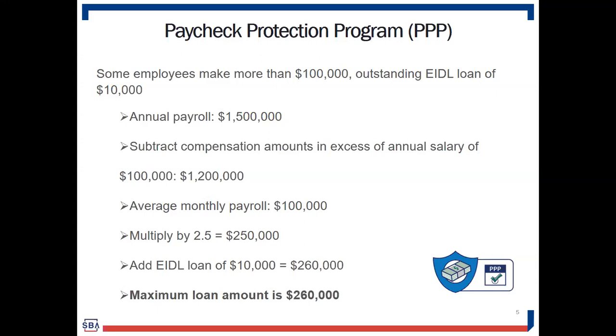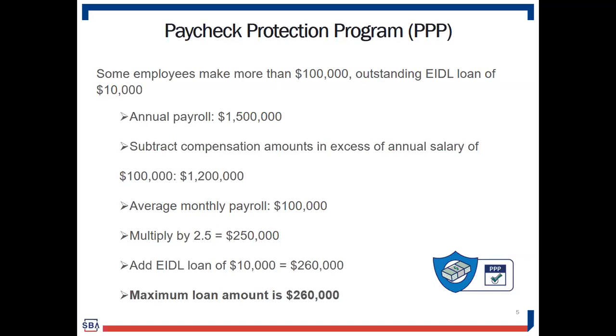As you can see there, this particular example has an annual payroll of $1.5 million. In this particular case, what they're showing is that some of the employees are making in excess of $100,000.